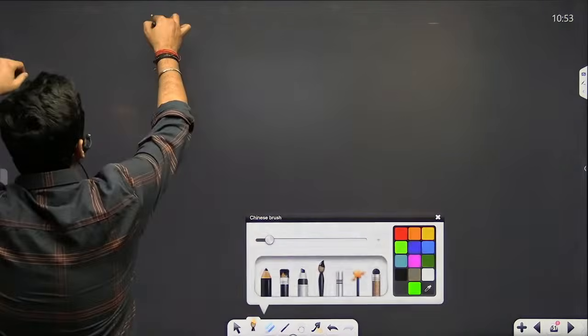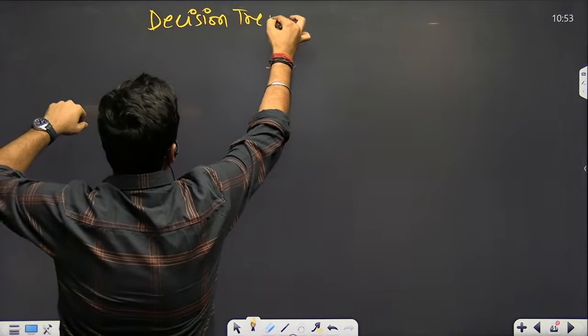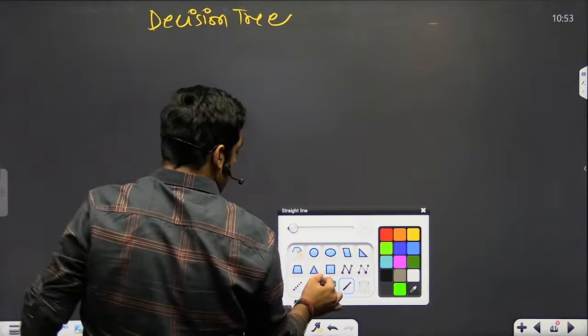So for non-linear, imbalanced, high dimensional data, we have the decision tree. I would just start the discussion on decision tree.